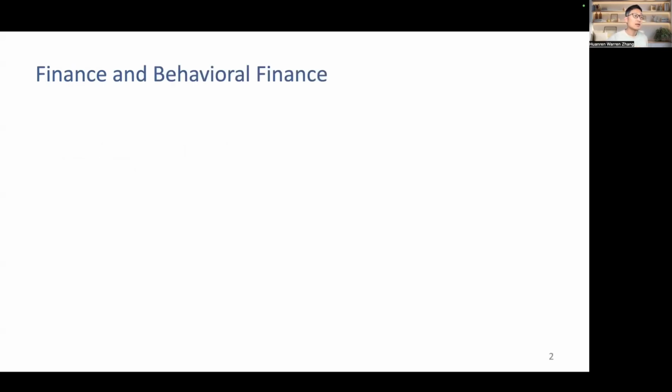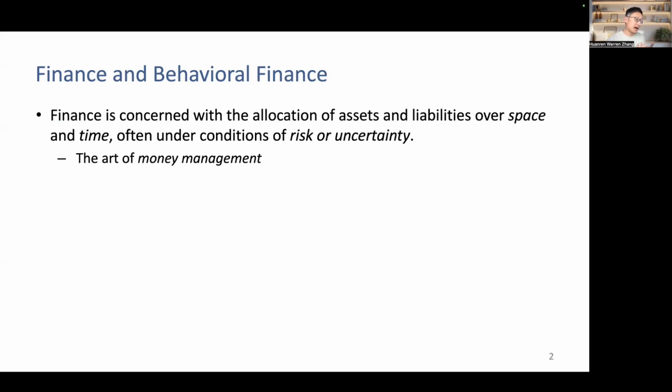Right? So what is behavior finance? Finance is concerned with the allocation of assets and liabilities over space and time, often under conditions of risk and uncertainty. So that's why decision under risk and intertemporal decisions are the foundation of studying financial decision making.